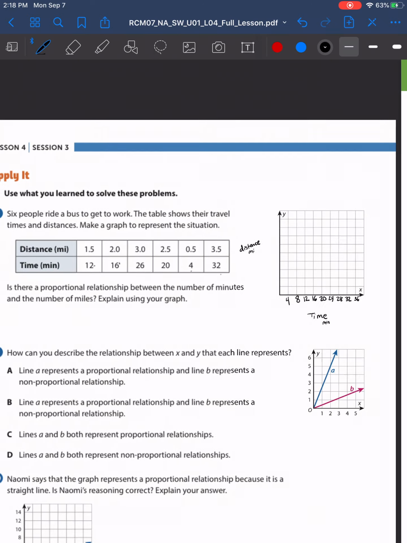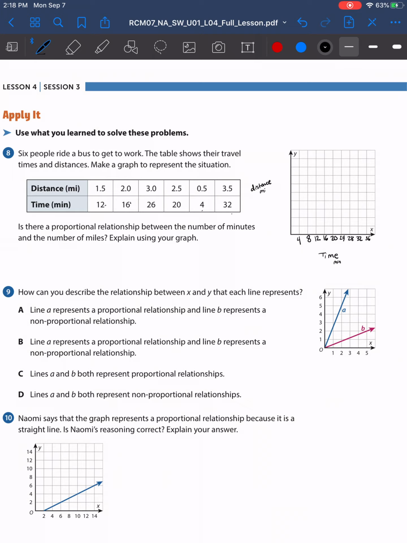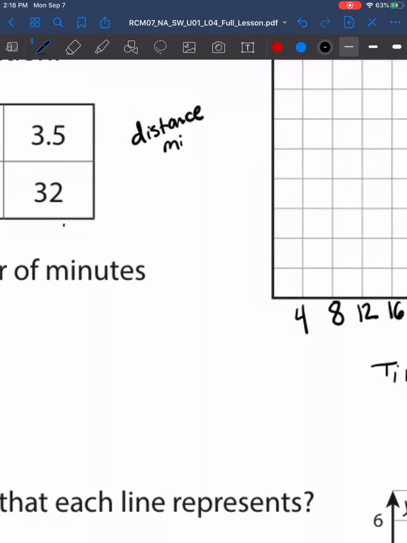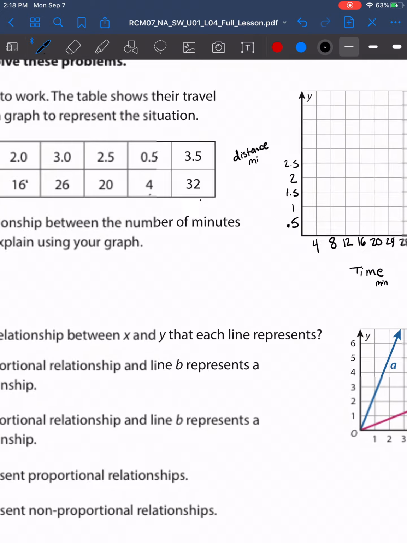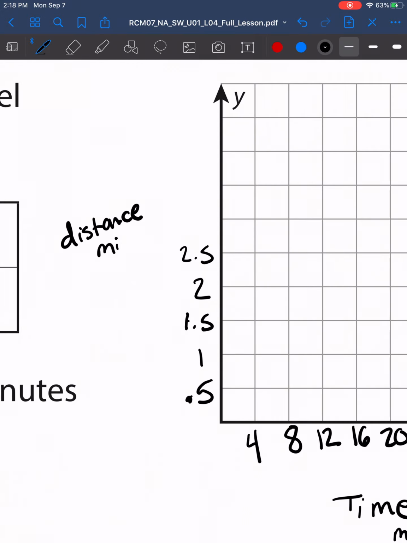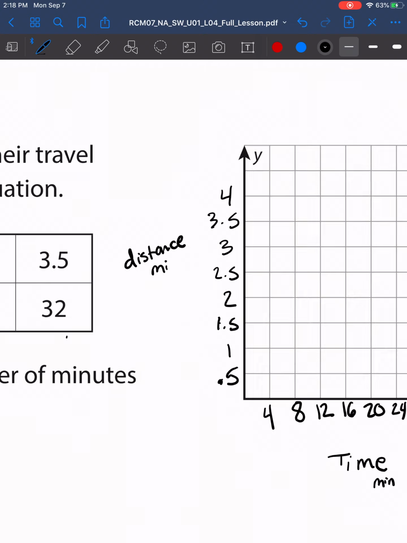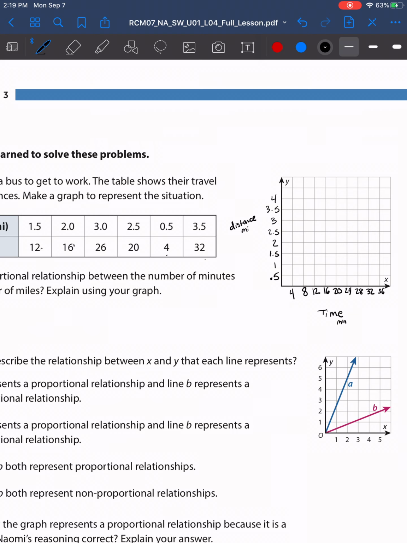Okay, good enough. Now my distance goes by halves. Okay, we're definitely going by halves. So this would be 0.5, 1, 1.5, 2, 2.5, how many? We have to go all the way up to 3.5? Okay. 3, 3.5, 4.